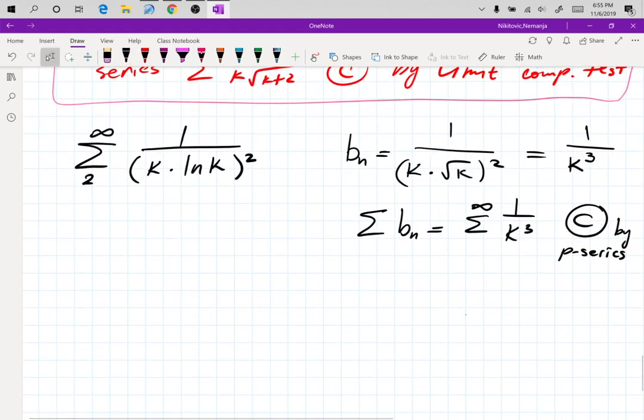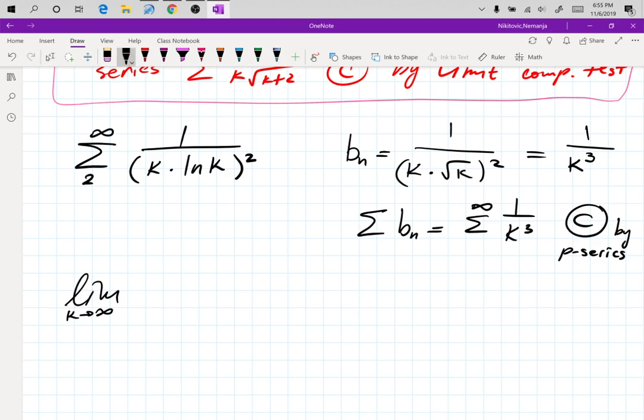So this one is a tough one, but once you know the trick, now it becomes easy, right? Because now you know the trick that ln can be approximated by root n. I mean ln k, root k, whatever. So now we have to crank the limit.